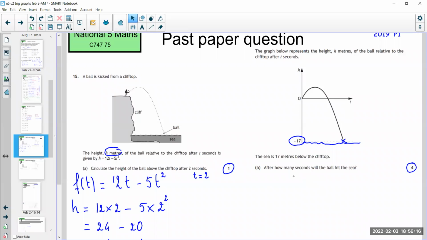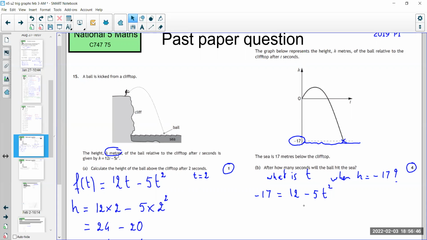So what is t when h equal -17? That's what we need to answer. H equal -17, 12t minus 5t squared.